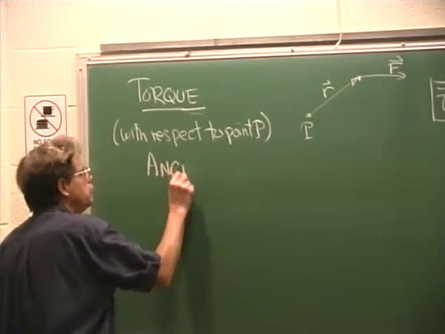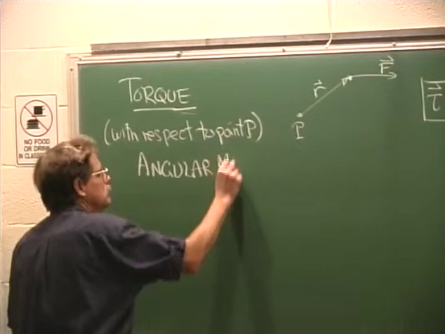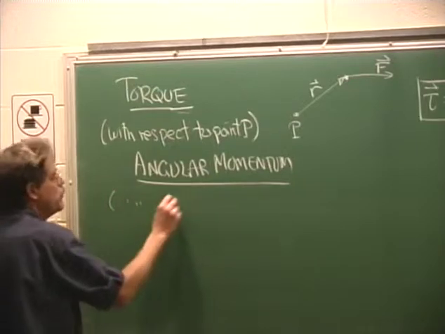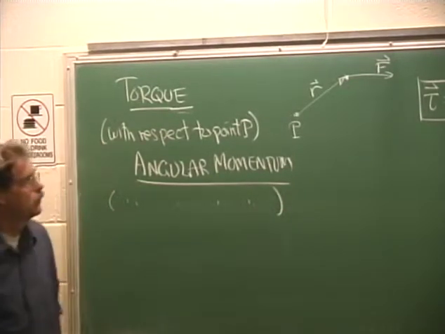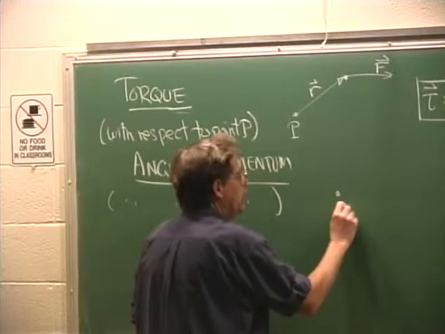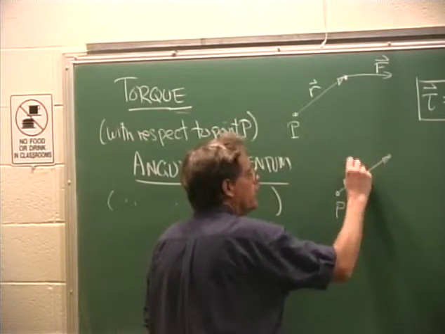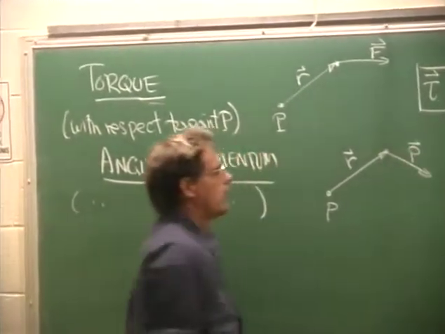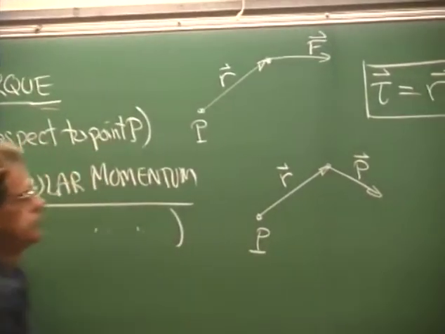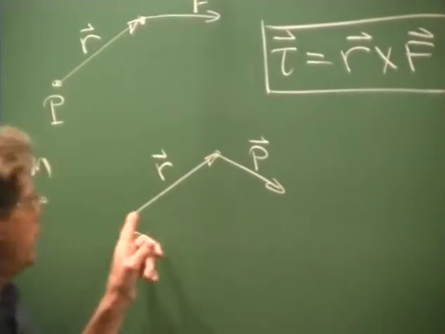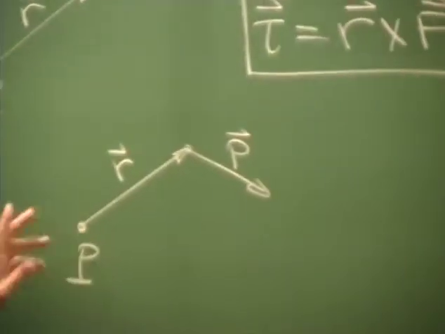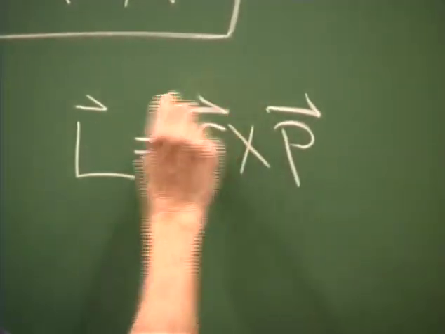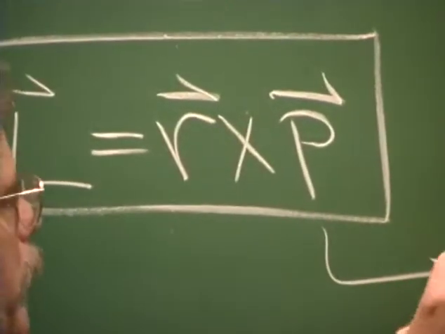Angular momentum. Again, with respect to some point P, if I have a point P here, and I have a mass here at a vector distance r away, and it's moving along with a momentum little p, then the angular momentum of this mass with respect to the point P is L equals R cross P, where P is the translational momentum of the mass.